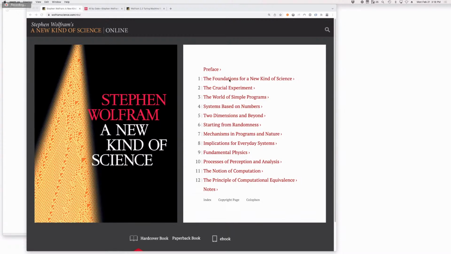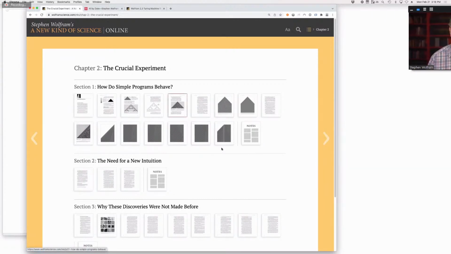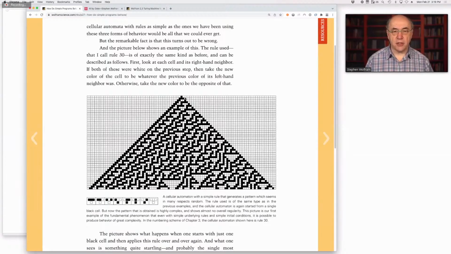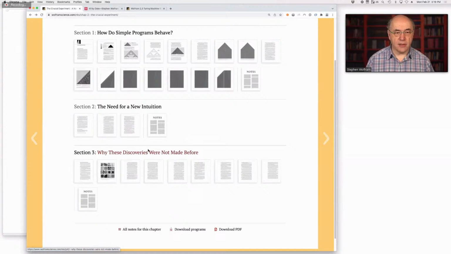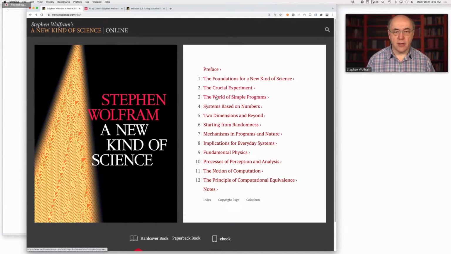We talked in previous weeks about the foundations for a new kind of science, the underpinnings of the approach that I was using, about the crucial experiment, discovering that even in simple cellular automata like Rule 30, it's possible to go from a very simple rule and very simple initial conditions to very complicated behavior. So how general is that phenomenon? That was what I launched on in chapter 3.